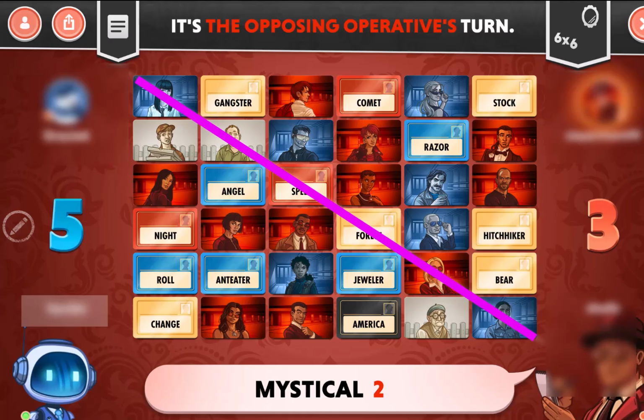So let's see if there are any pairs where we already have both members identified. And when I look at this screen, I only see a single pair where we have already identified both members of that pair.